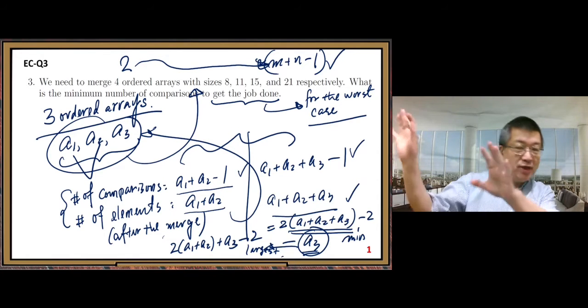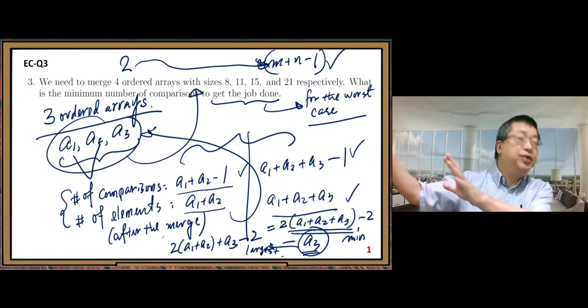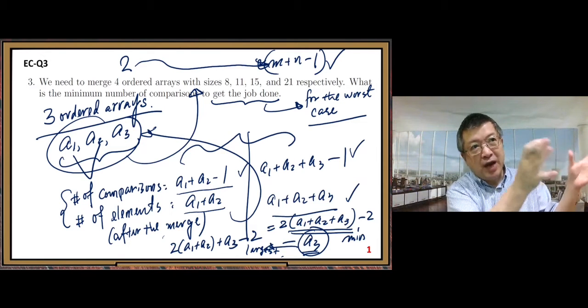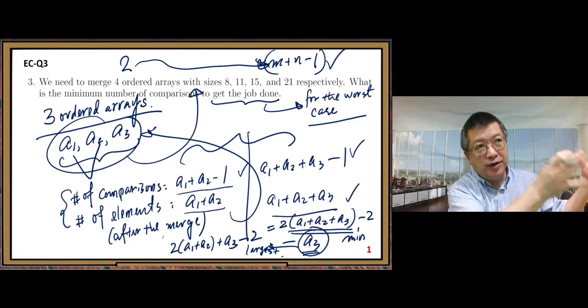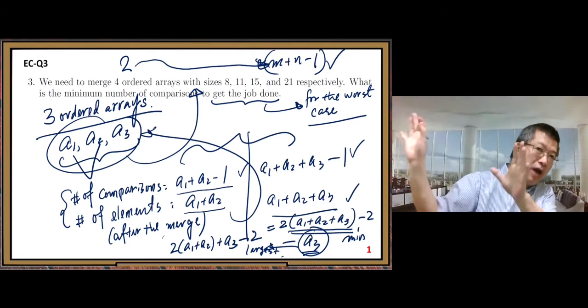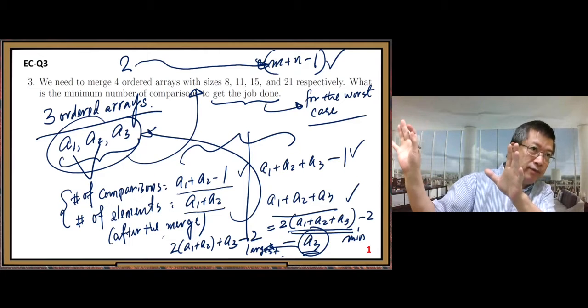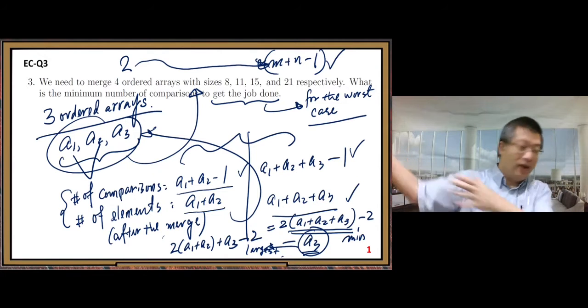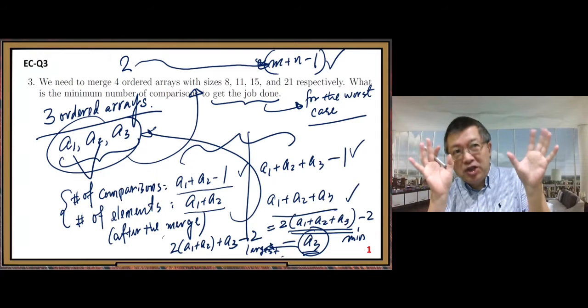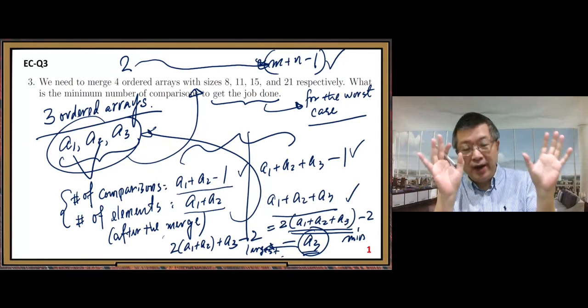So that means the largest array you should leave to the last, right? Merge the 2 smaller arrays, sizes smaller, and leave the largest array for last. Then you can get the best solution. With this experience, that's for the 3 array case.